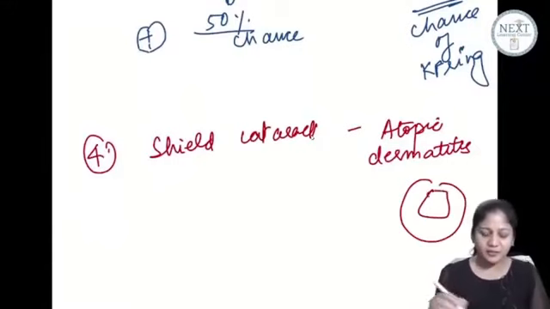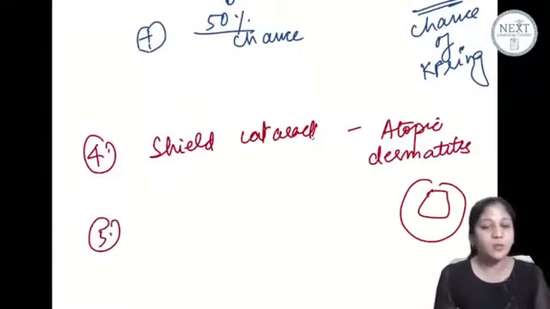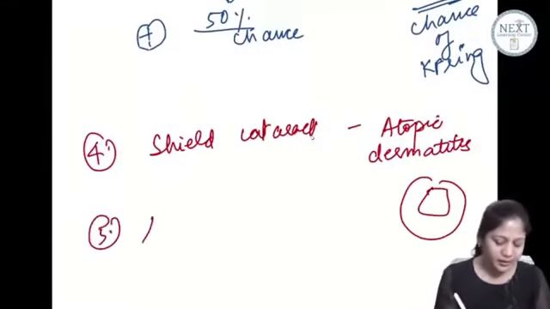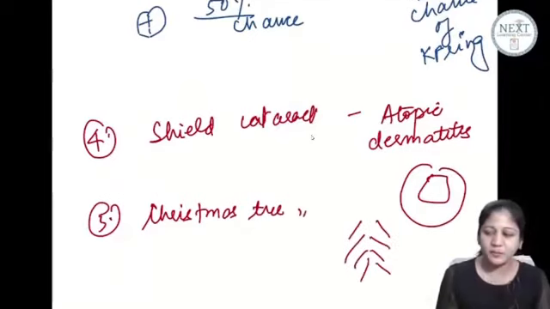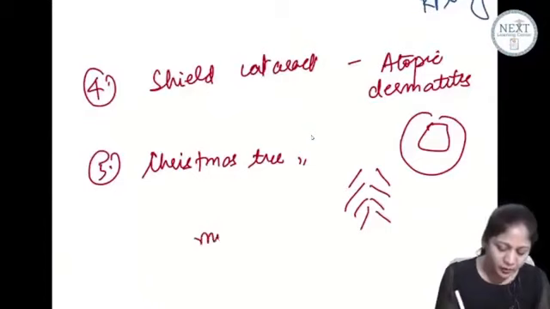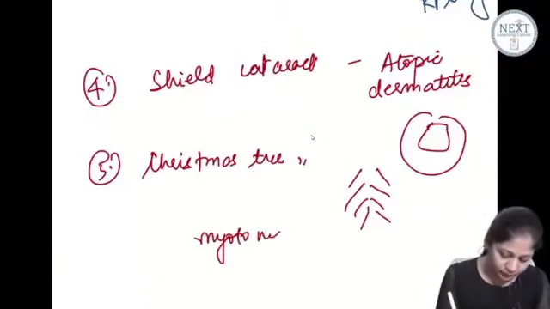The next one is a Christmas tree cataract. Where do you see Christmas tree cataract? It's like needle-shaped opacities. Yes, in myotonic dystrophy.